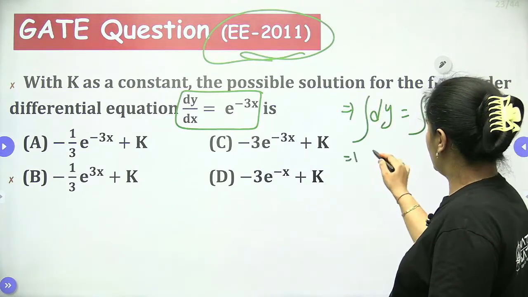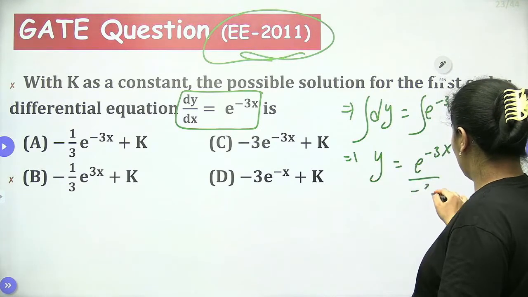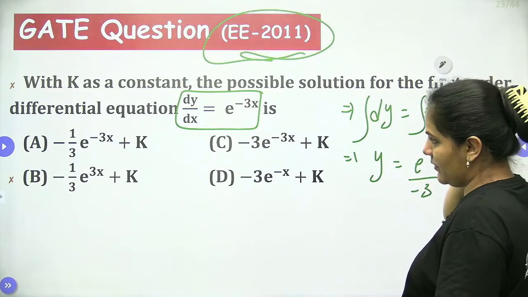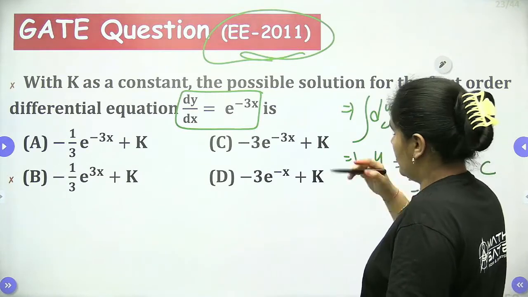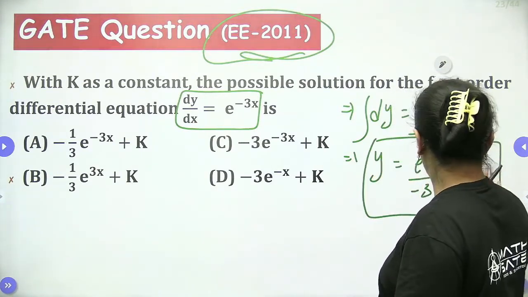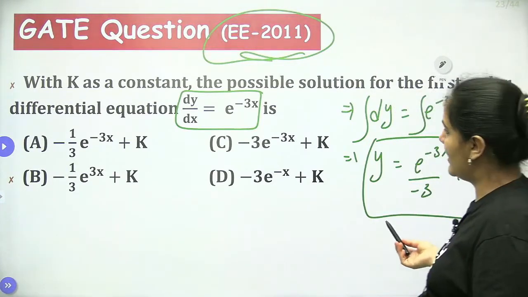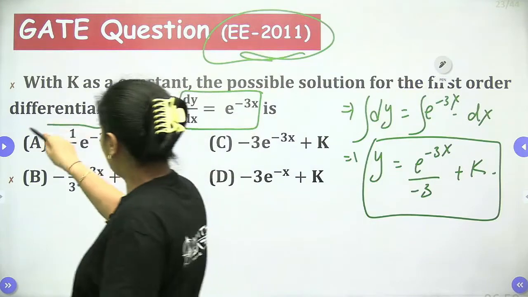You can approach it, and y will be e to the power minus 3x divided by minus 3 plus c only, right? Here we don't have an option for finding c, so we have to write the constant as k. So y is equal to e to the power minus 3x by minus 3 plus k. So it will be your answer.